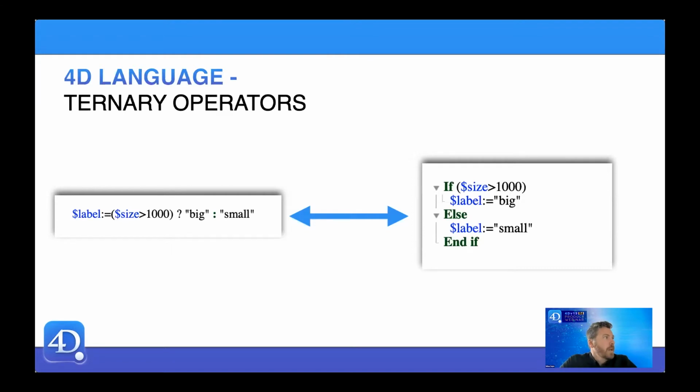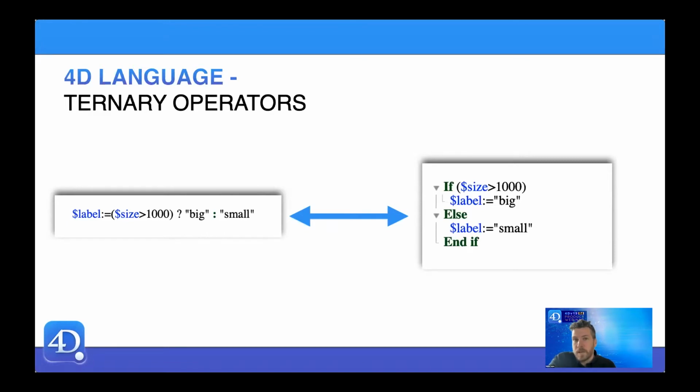And now a note here, since 4D v19 R4, because it now supports the colon in the ternary operator, people are no longer allowed to use colons in their variable, field, constant, plugins, or project names. It's now a reserved character.